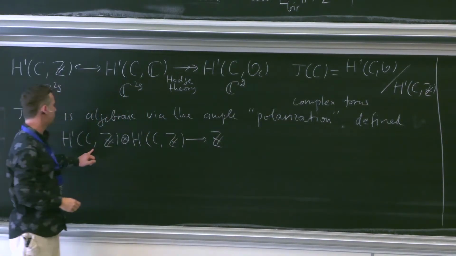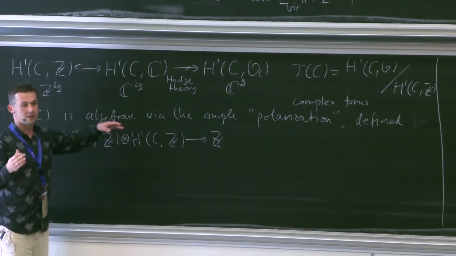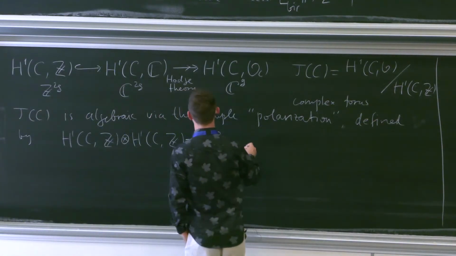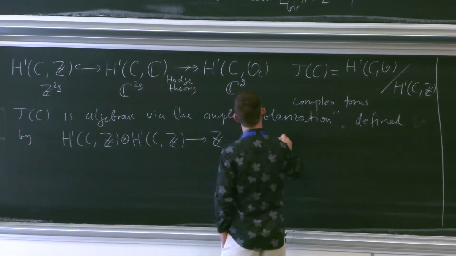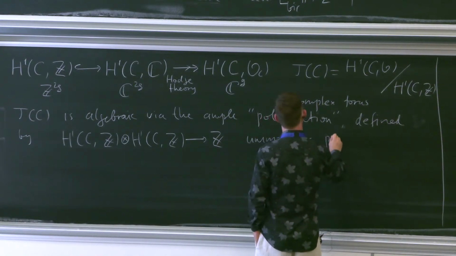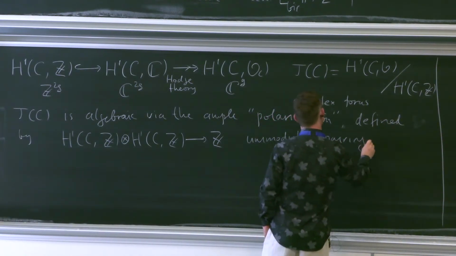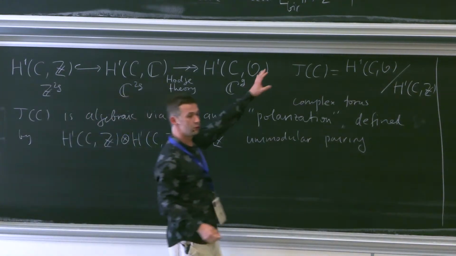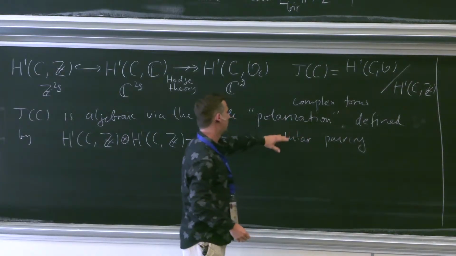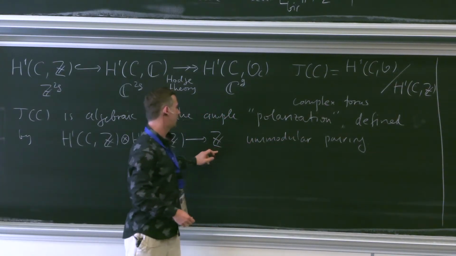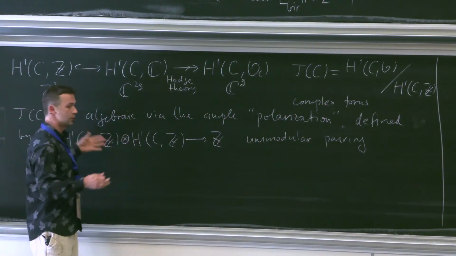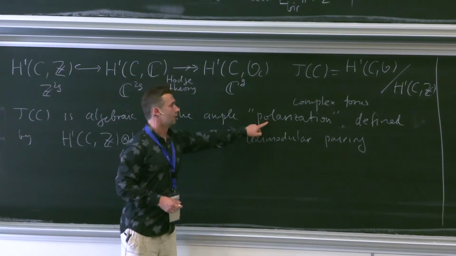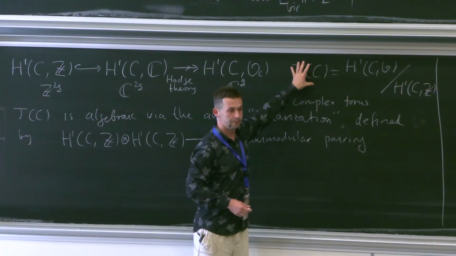You look at topological H upper one, you take the intersection or the degree pairing, and that's the unimodular pairing. That's a standard way to create an abelian variety: you first present it as a complex torus, and then specify some linear algebra data, specifically this pairing, to define an ample divisor here.